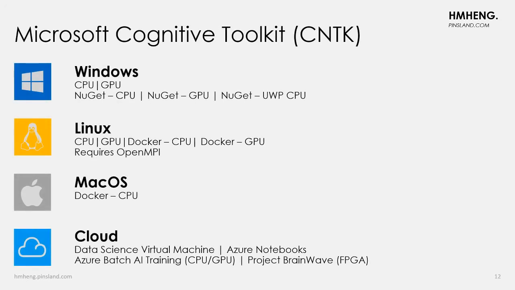So Microsoft Cognitive Toolkit, as we said just now, is running on Windows, either CPU or GPU. Of course, GPU will get you the result in faster time, and it's running on Linux as well, Docker, and Mac OS is of course Docker, and the last one, which is more important, is cloud supported.